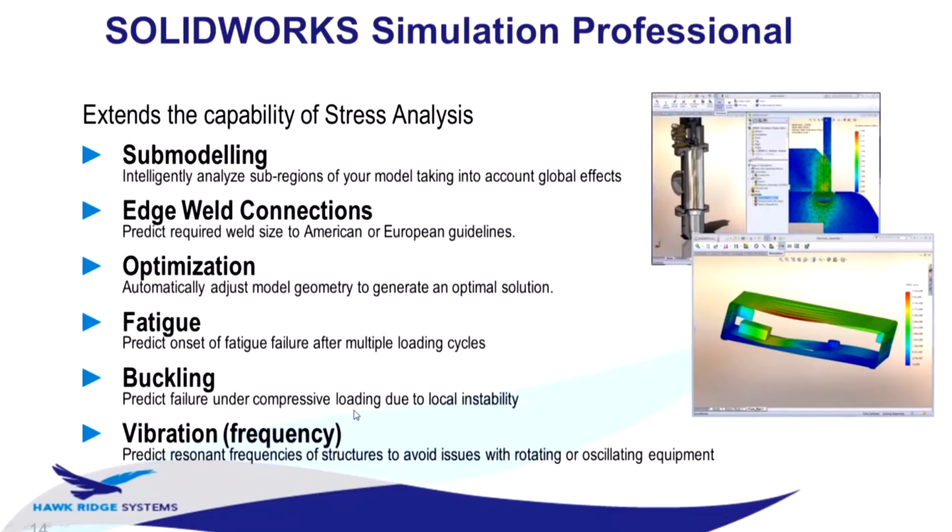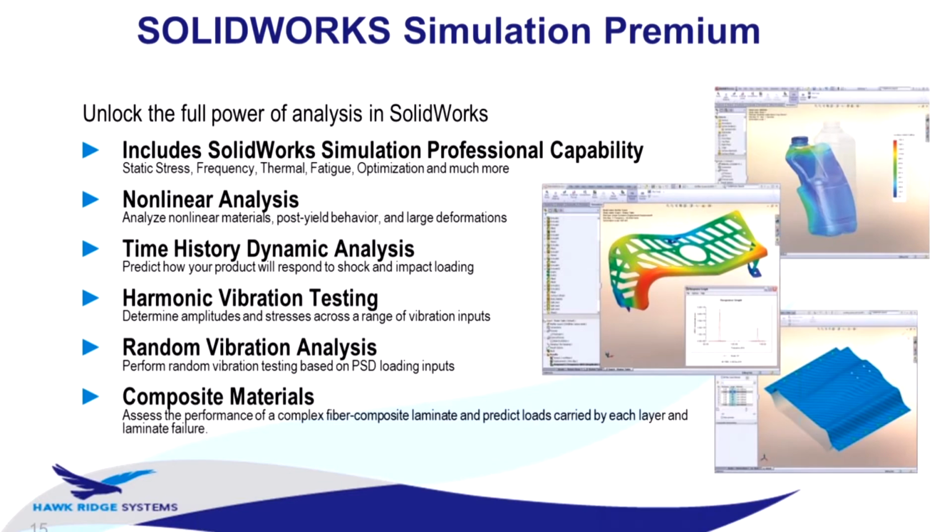But to really get any real information about the response of an object to a dynamic load, or if you're trying to replicate testing that you do in the real world on a shaker table or a shock test rig, you're looking at a top-level stress analysis package, SOLIDWORKS Simulation Premium. There are two major areas that Simulation Premium opens up for you.